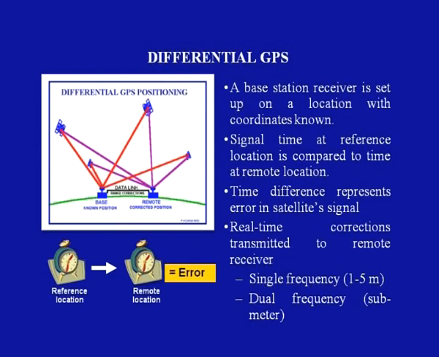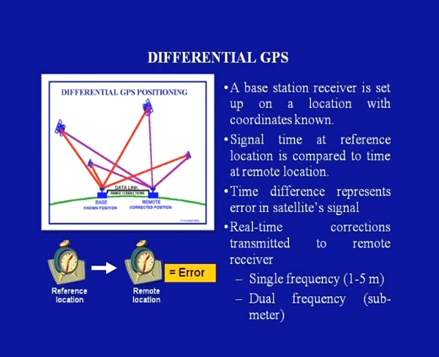One can see that one GPS receiver has been placed at a known position, which we call the base station, and the second, which is the unknown point, the GPS receiver has been placed, and this is known as the remote location. Between these two GPS receivers, there is a data link so that range corrections can be carried out.